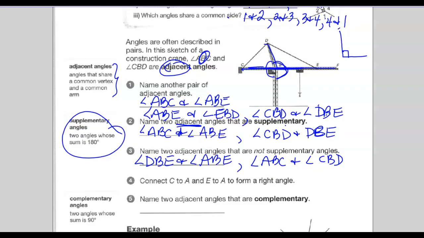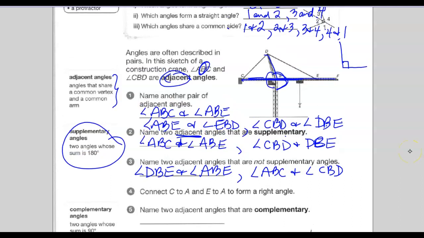All right. Then it says connect C to A. So we connect, I'll do it in red, C to A, and then E to A to form a right angle. Okay, so this here, they're saying it forms a right angle.